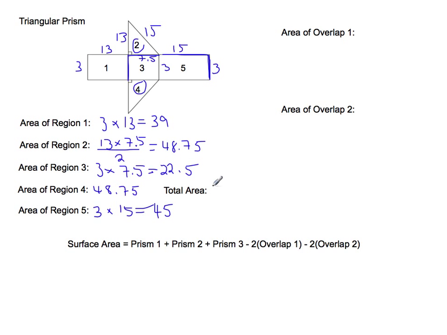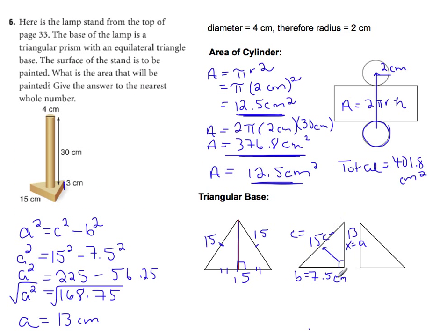I get 204. Okay? So I'm just going to double check this. So I get 39 plus 48.75 plus 22.5 plus 48.75 plus 45, 204.